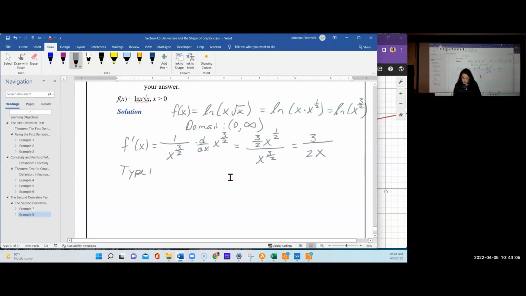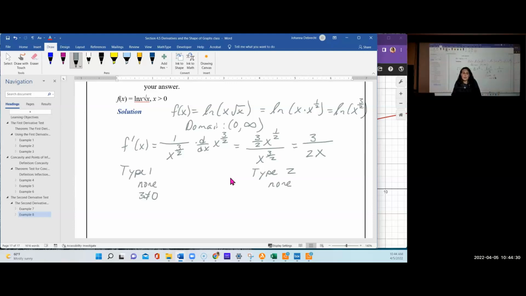If we continued with this one as it is, the way I've interpreted it, this type 1, there would be none, right? Because 3 does not equal 0. And type 2, the only one we would have would be x equals 0, but that's not in the domain of the original. So we have none here either, which means we have no critical values.